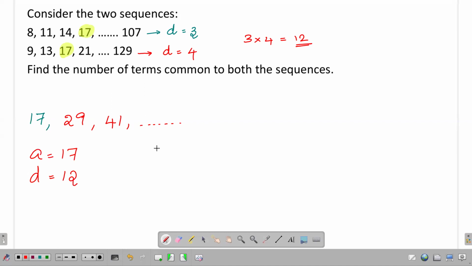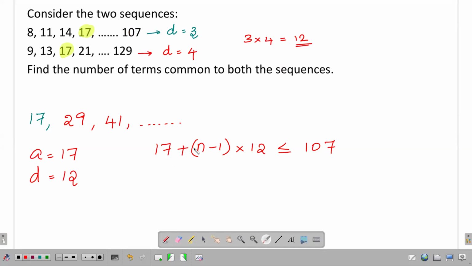So I need to satisfy the condition: a plus n minus 1 times the common difference should be less than or equal to 107. It can be up to 107, which can be common to both, but beyond that it is not possible because the end is at 107.